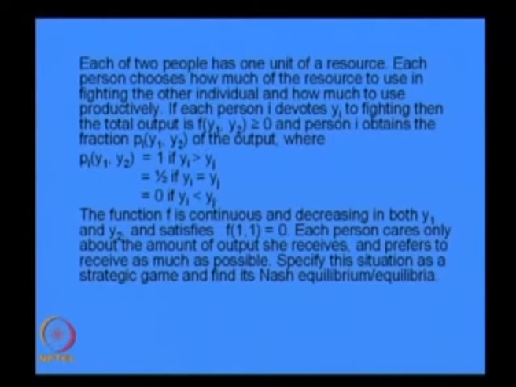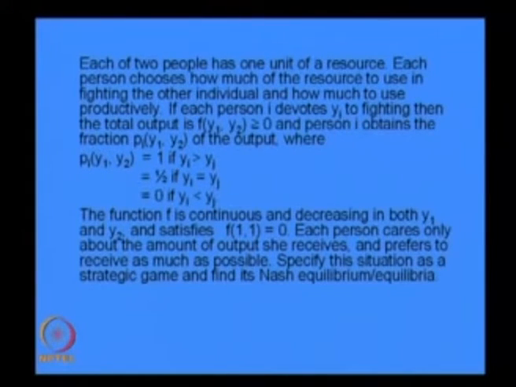Each of two people has 1 unit of resource. Each person chooses how much of the resource to use in fighting the other individual and how much to use productively.